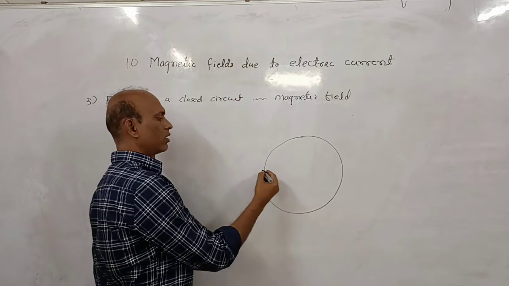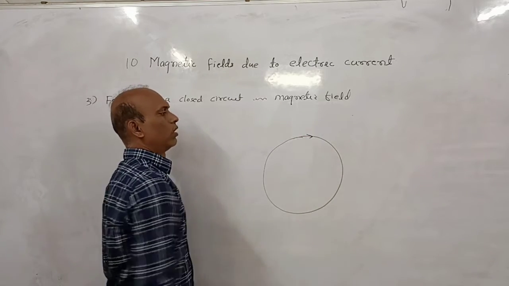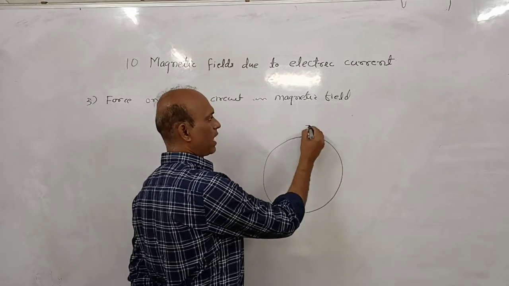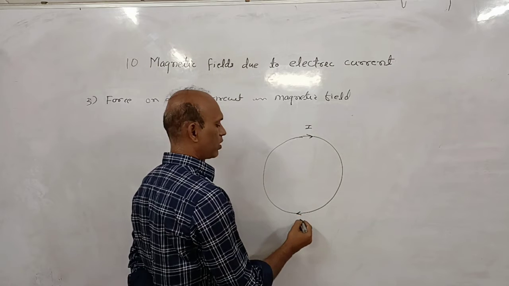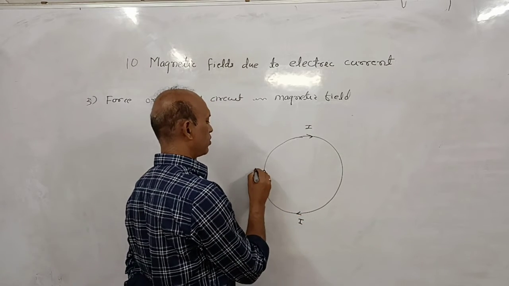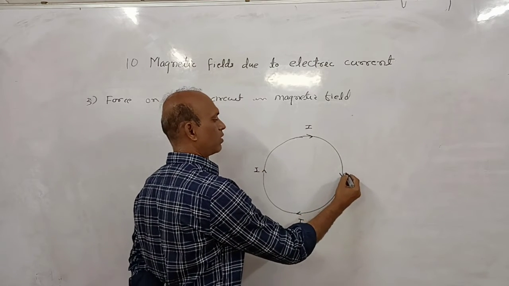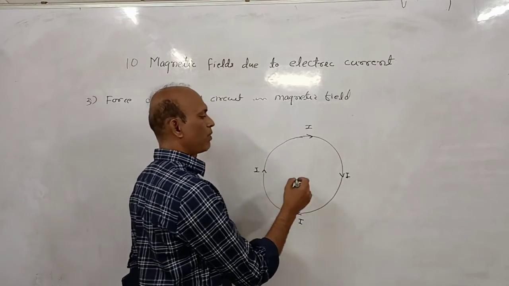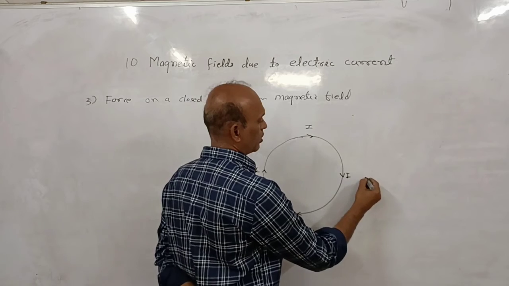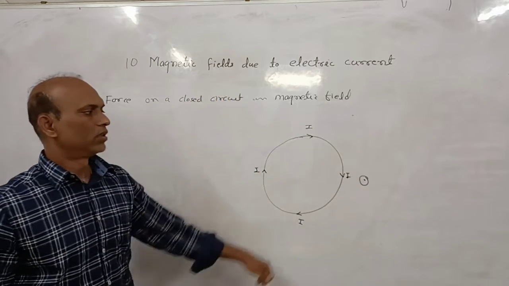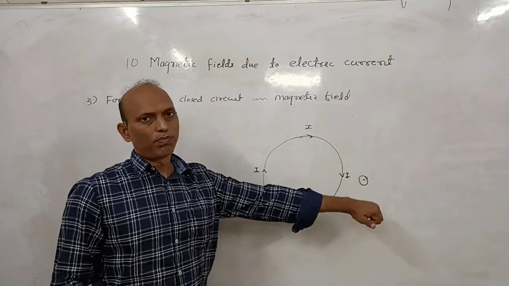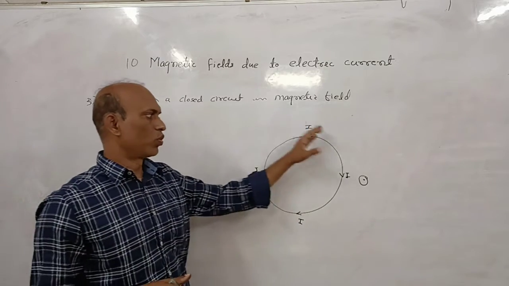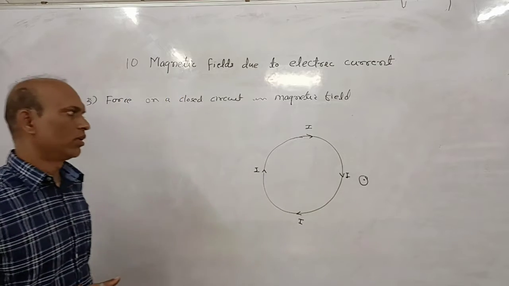Now consider the current is flowing through this closed circuit wire. This is the direction of current here, here, here, and here. If the direction of the magnetic field is, say, coming out of the plane of the paper, and the magnetic field is uniform, it will exert a force on this current carrying conductor.